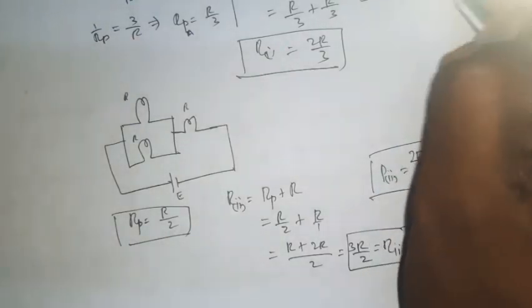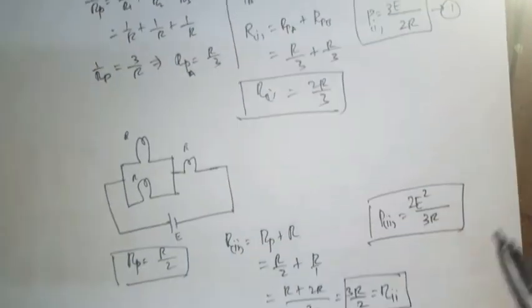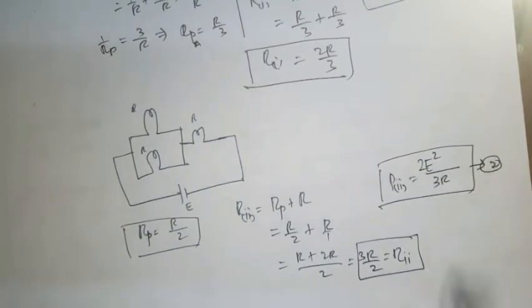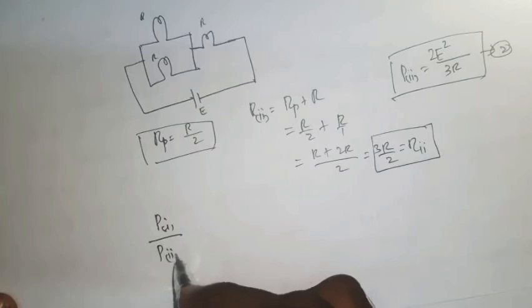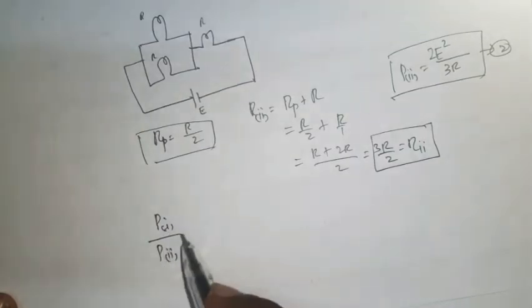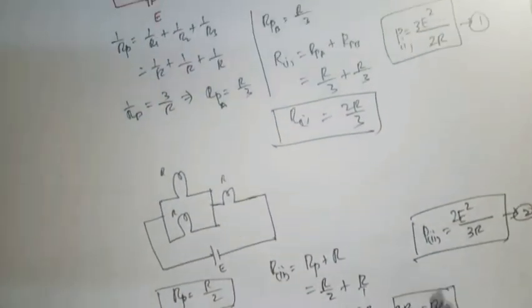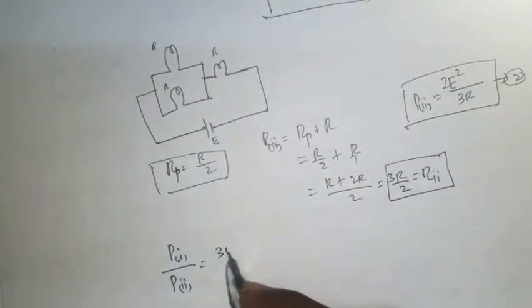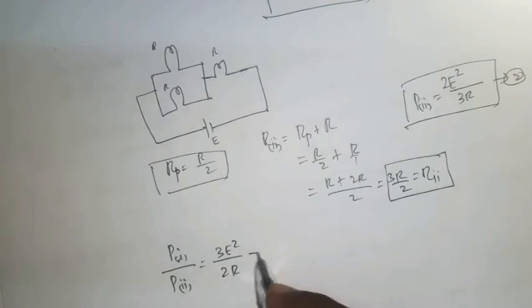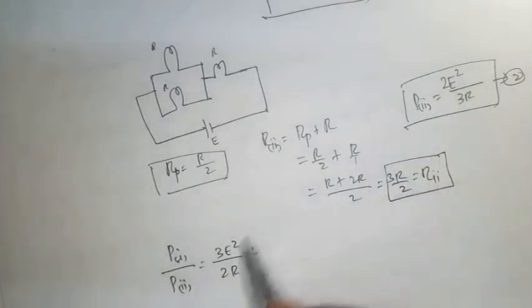Let it be equation 1 and equation 2. So equation 1 by 2, P1 by P2, where P1 represents the first situation and P2 the second. P1 is 3E squared by 2R, divided by P2, which is 2E squared by 3R.